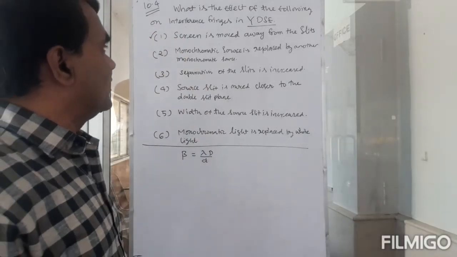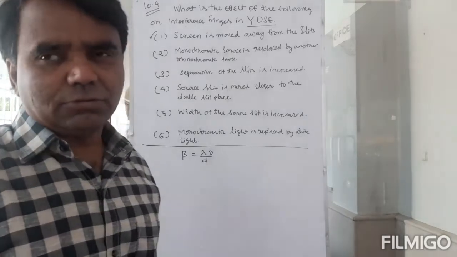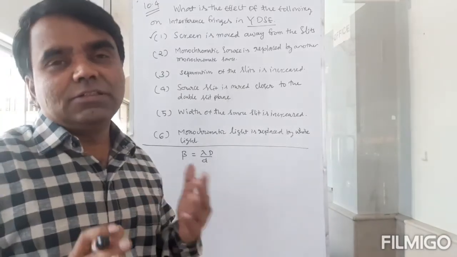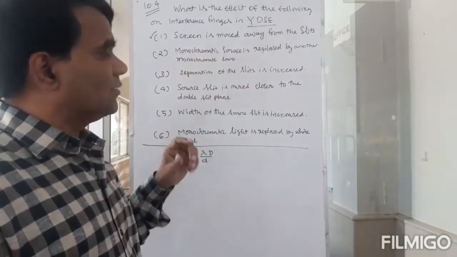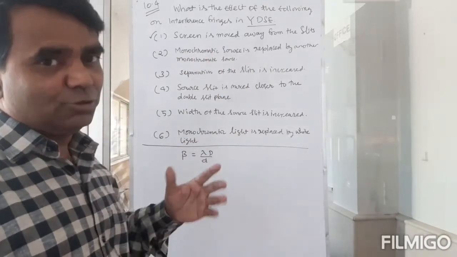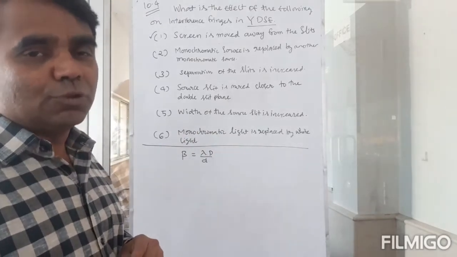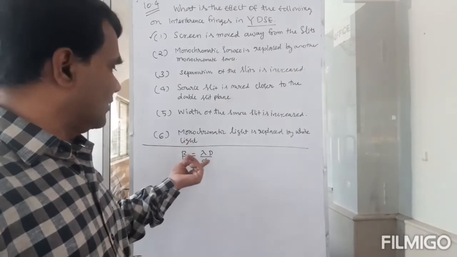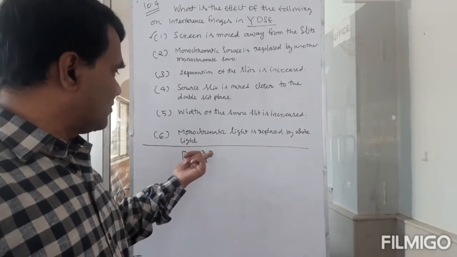Second, a monochromatic source is replaced by another monochromatic source. So what does it mean? A monochromatic source is a light of one color, replaced by another monochromatic source. Maybe you had red before, now you have blue. So what is going to happen? Again, you have to use this formula: beta is equal to lambda D by d.